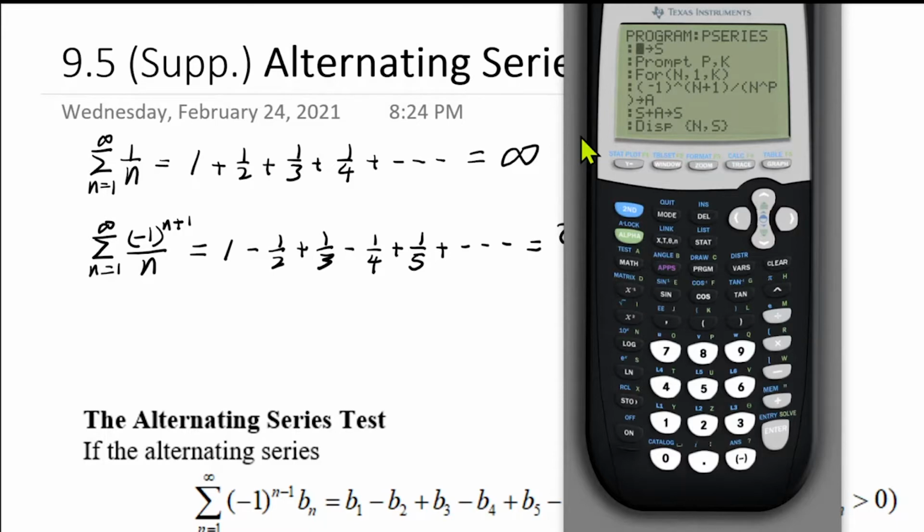I have put (-1) to the n+1 power, and make sure there's a parenthesis here so that the entire n+1 becomes the exponent. You have to be very careful with parentheses. Then divide by n to the p power and delete the +1 we had from yesterday. I'll give you a minute to update your program.